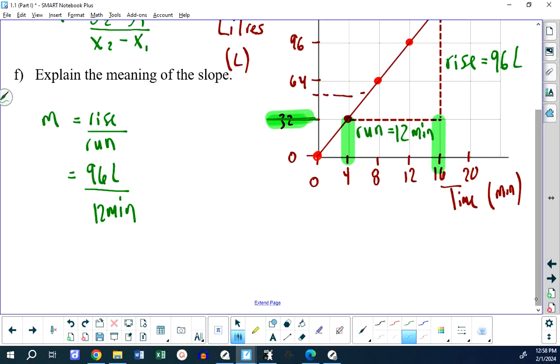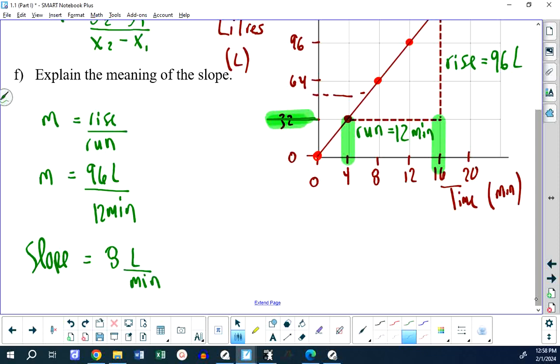Okay, good. So for the slope, I'll write the word slope, equals 8. 8 what? 8 basketballs? No. 8. Anybody want to tell me? Excellent. Liters per minute.